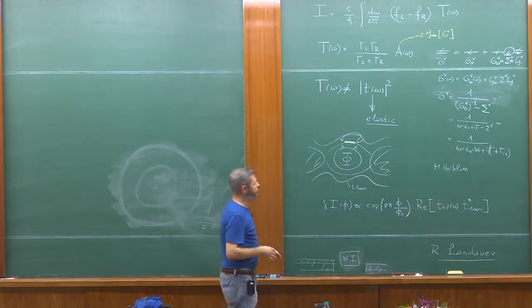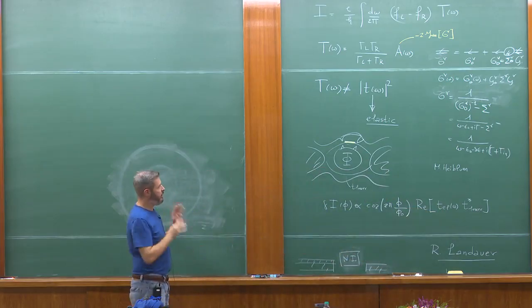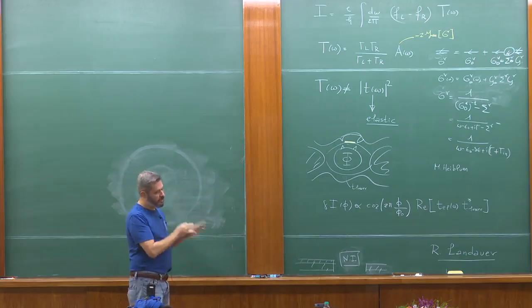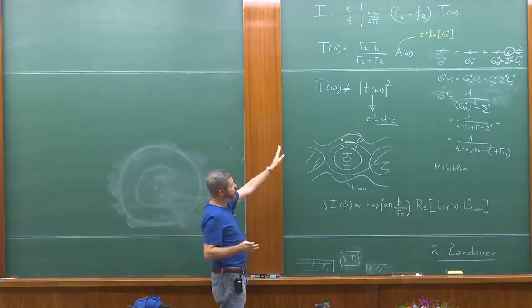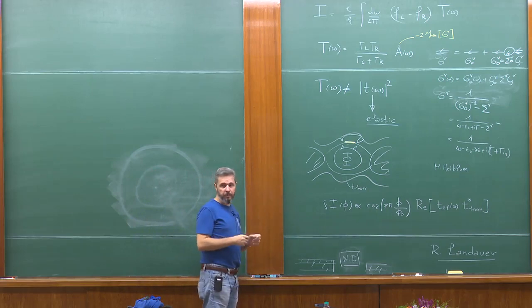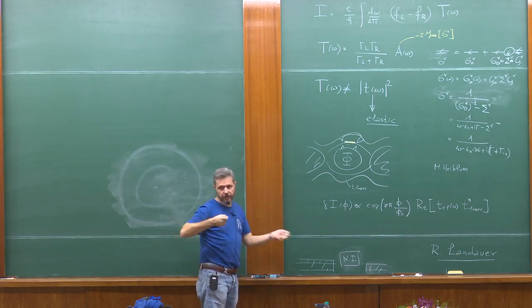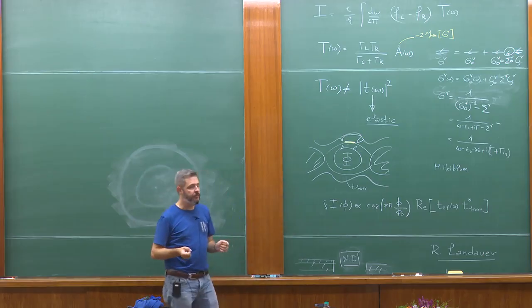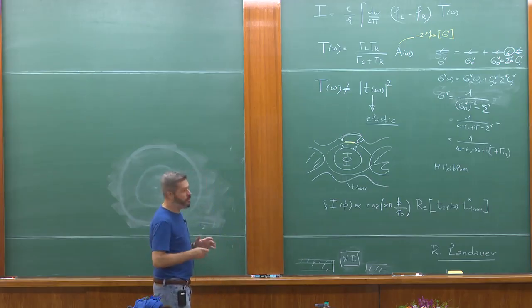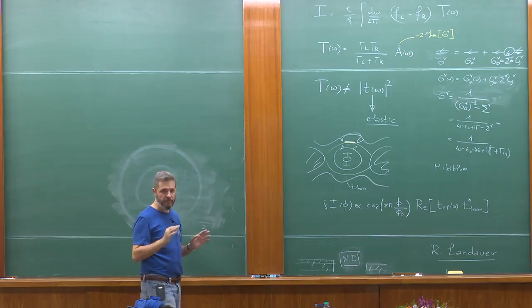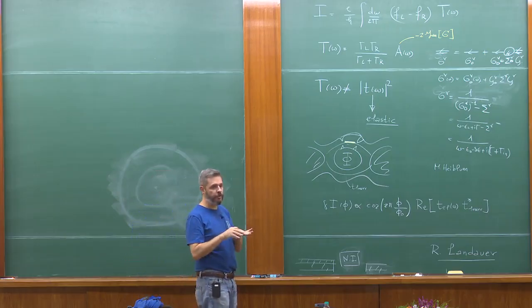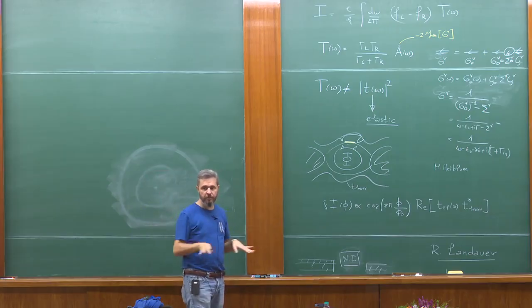So bottom line of all this physical discussion: you can describe transport as a scattering problem in a nanostructure. What matters for you is the transmission probability from the left to the right or from the right to the left. It doesn't really matter. If you have a non-interacting problem, you just compute it in the standard way. If you have an interacting problem, you have to worry about whether you're computing the total transmission probability or the elastic transmission probability.